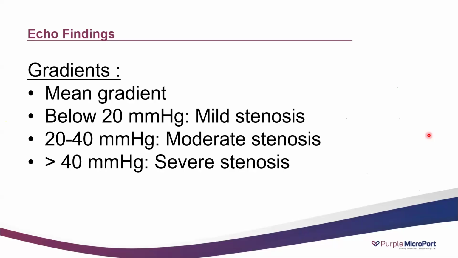After valve implantation, the transthoracic echo should show a single digit gradient. It should be from 2 to 9. Then only you can tell it is a successful TAVI implant. This mean gradient should be in single digit post TAVR implantation.